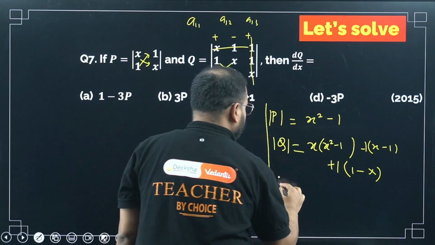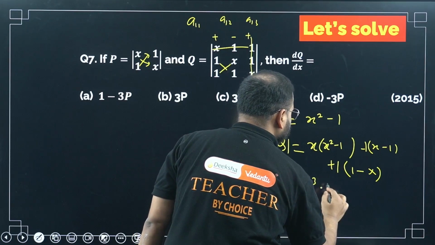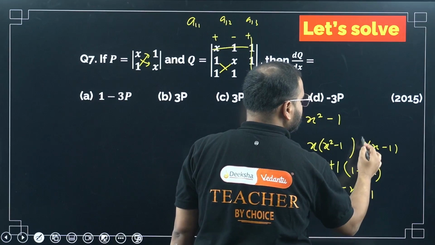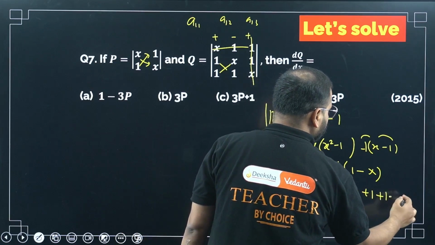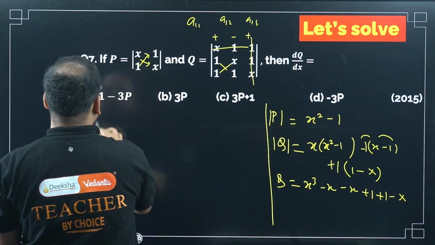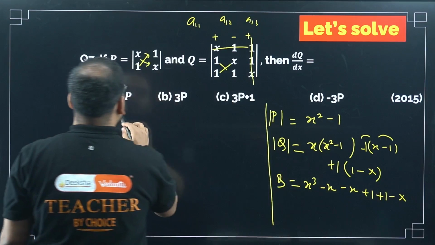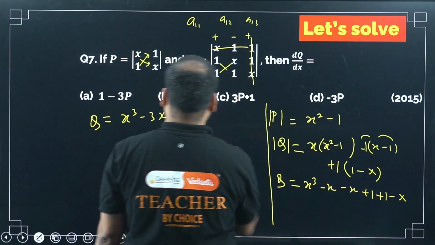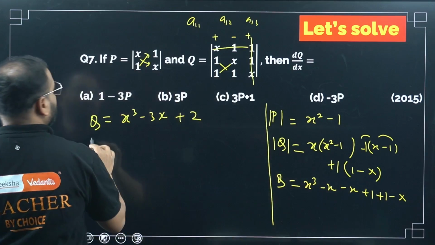Simplify it over here. Q equals what? X cube minus x. Over here what am I going to get? Minus x plus 1. Over here, plus 1 minus x. Simplify it. I'm getting Q as x cube minus x minus x minus x. So x cube minus 3x, and 1 plus 1 is plus 2. X cube minus 3x plus 2.